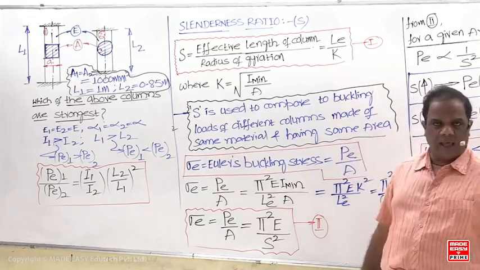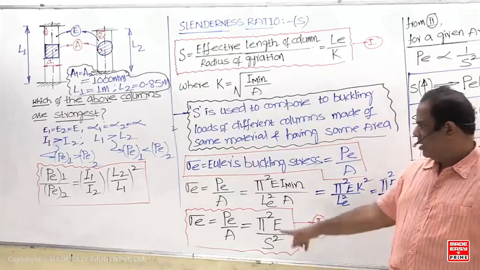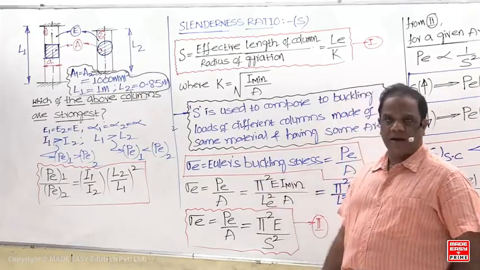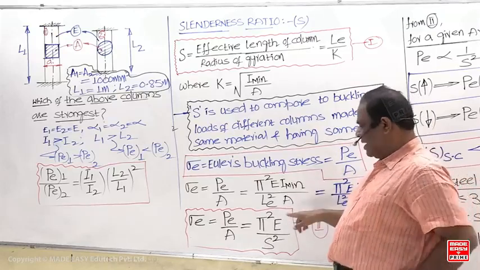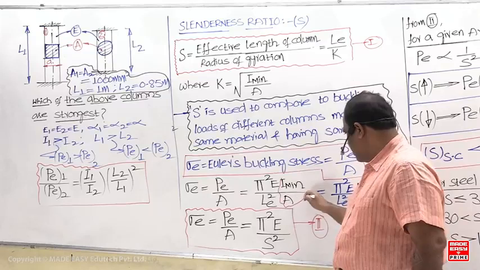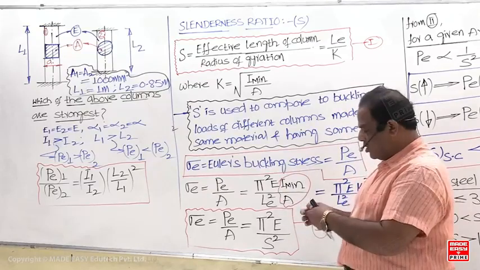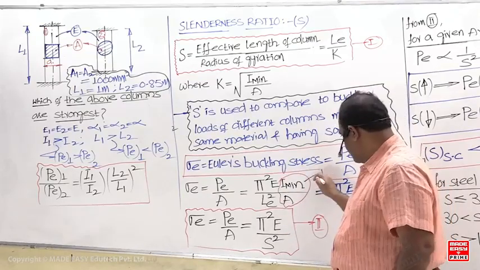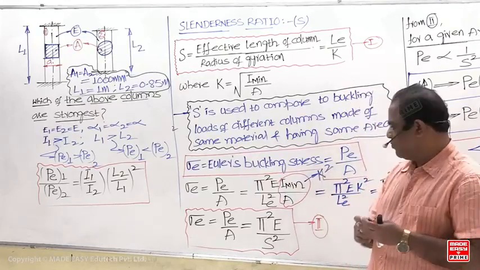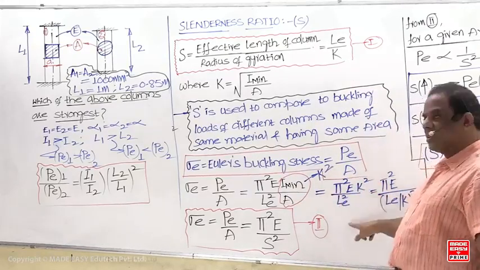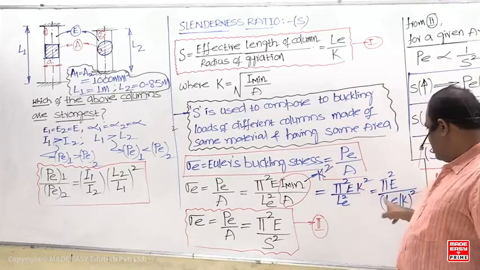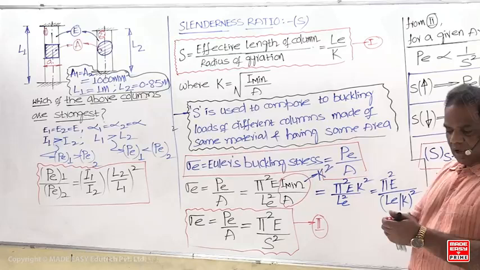Buckling load is pi square E I minimum upon LE square, upon area. I by A is equal to K square. So that becomes pi square E K square by LE square, and if I bring K into the denominator, pi square E by (LE by K) whole square.